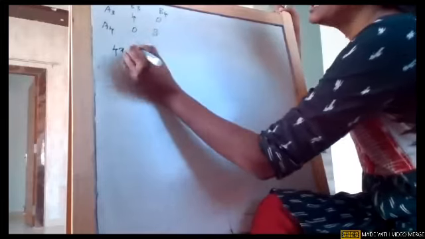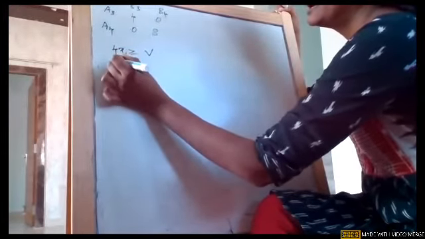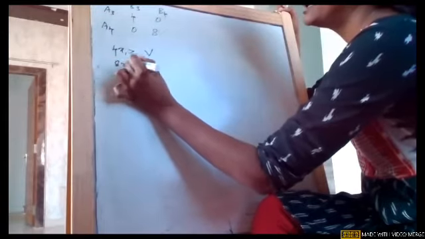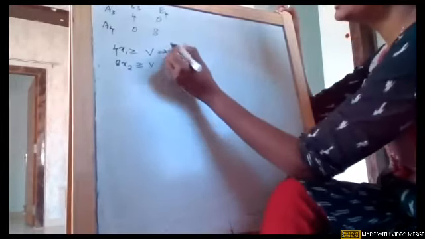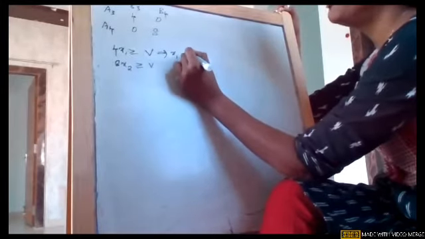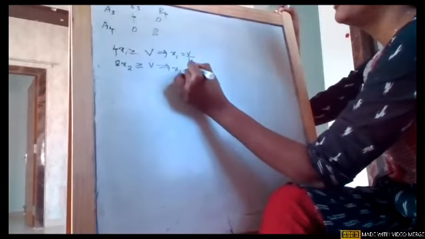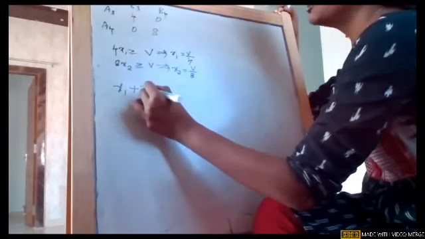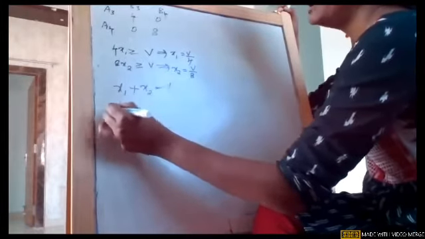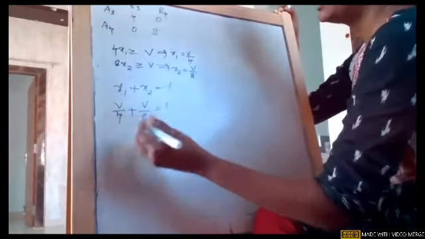So 4x1 is greater than or equal to b, and 8x2 is greater than or equal to b. So using this here itself, we are getting x1 is equal to b by 4 and x2 is equal to b by 8. So the third equation, x1 plus x2 is equal to 1. Substitute them: b by 4 plus b by 8 is equal to 1.